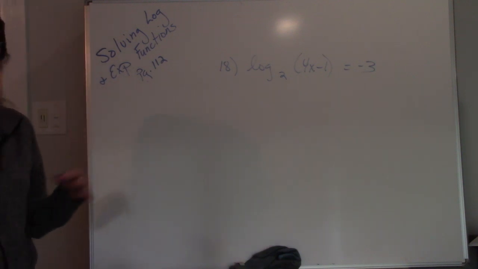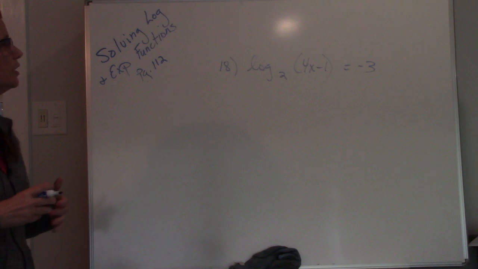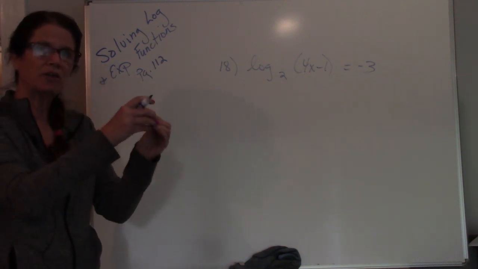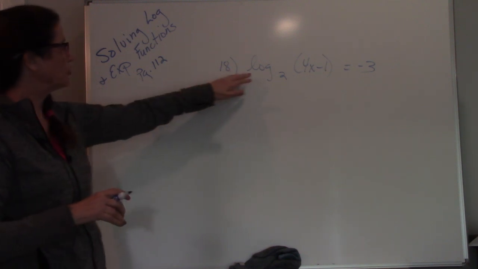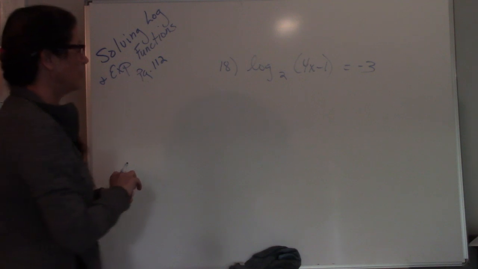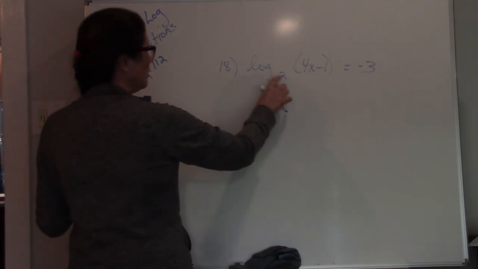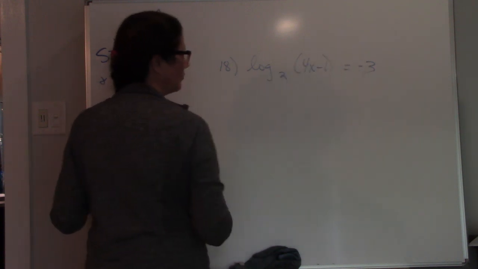Okay, so this is just like what we were doing before when we were solving given a log. So remember, when you're given an exponential function, you log to get rid of it because they undo each other. When you're given a log function, you're going to rewrite it as an exponential function. So this is log base 2 of 4x minus 1 equals negative 3.